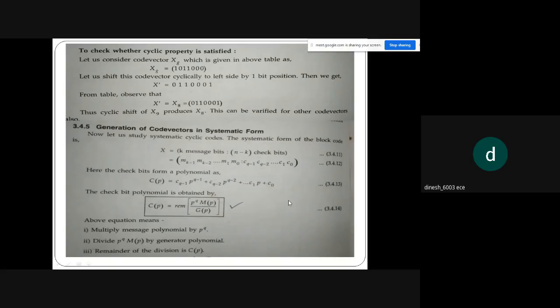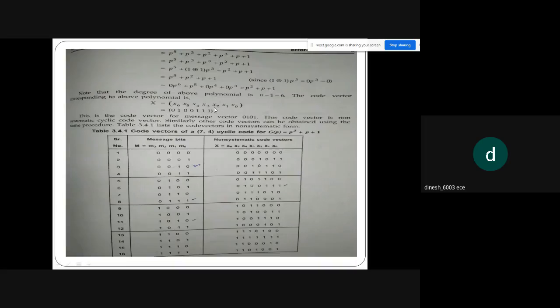This 0, double 1, triple 0, 1, which you have obtained after cyclic shift by 1 bit position, is also a code vector present in your table. Okay, I'll show you this. It's also present.